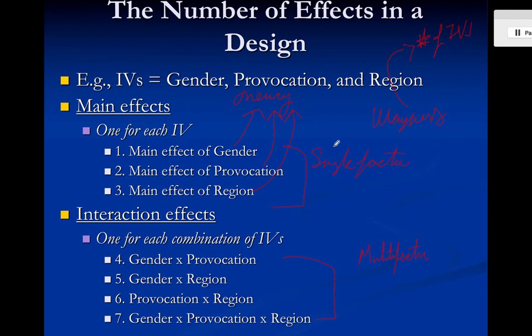Because it's one independent variable's effect on my dependent variable. Now for multi-factor designs, I'm dealing with different numbers of independent variables. Here, for instance, I'm dealing with two IVs. So rather than saying a one way, I'm now going to say it's a two way. So this one is a two-way factorial design. Down here, I'm dealing with three independent variables, so three IVs.